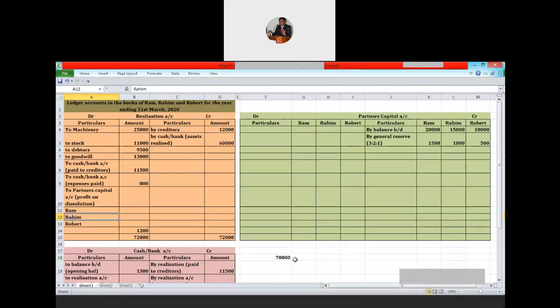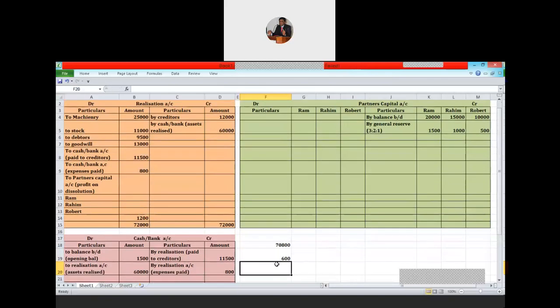So students, find out the share of Ram, Rahim and Robert. Total profit is 1200 into share of Ram, 3 divided by total share 6. So 600 is the share of Ram.